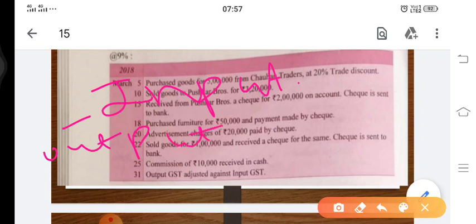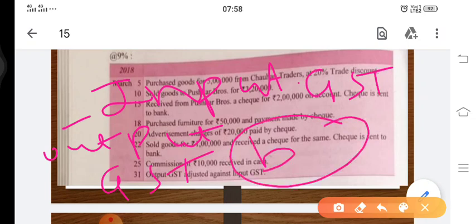That means whatever GST we have collected, we'll subtract the GST that we have paid, and afterwards the balance will be paid to the government. And this is something that we have to discuss in the next lectures. So today we'll wind up with this.